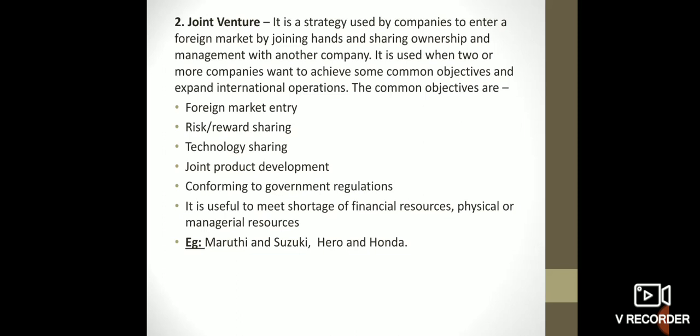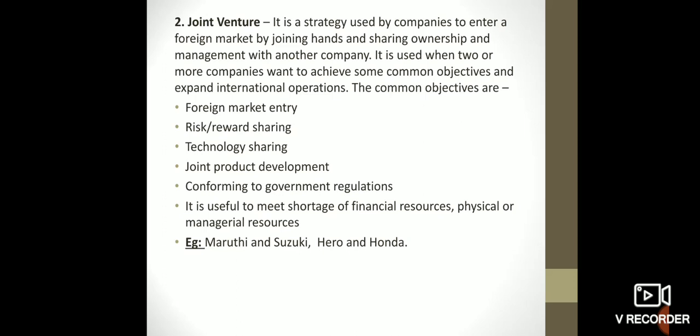So what is the result of this? Foreign market entry: a foreign company can enter some other economy, or our home country can enter some other country. Risk and reward sharing: any risk in that particular area can be shared, and any reward in that economy will also be shared.